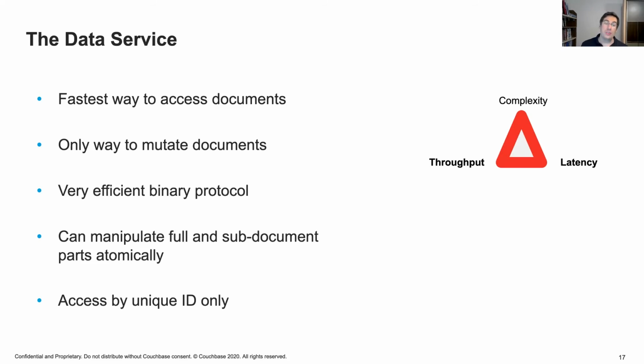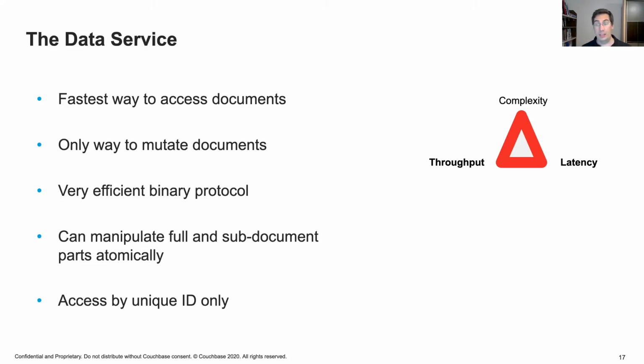And you can use it to manipulate full and sub-document parts atomically. So you can store and retrieve documents as a whole, or you can choose through our sub-document API to only modify or fetch parts of a specific document. And if you update a document, there is no global lock going on or anything. Every document is atomic on a per-document basis.